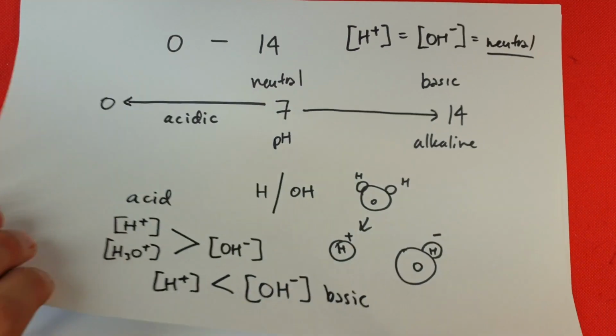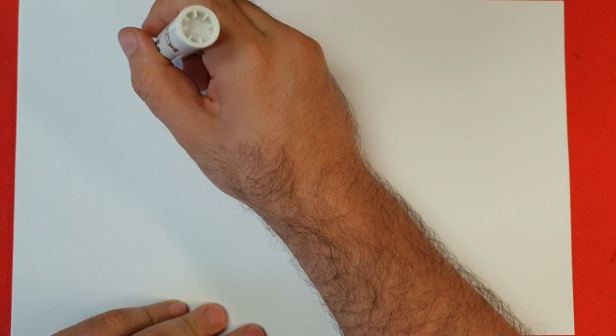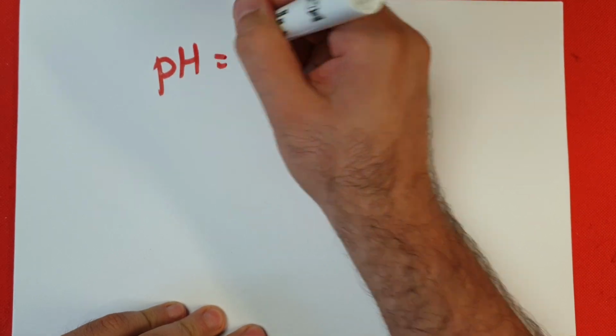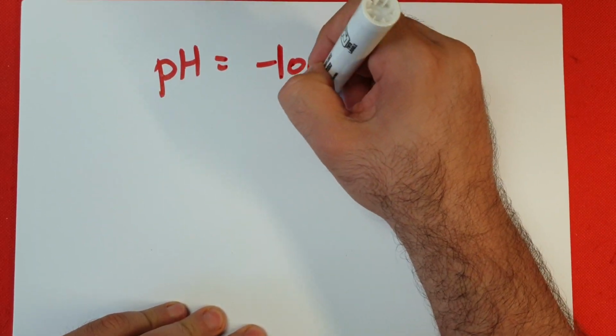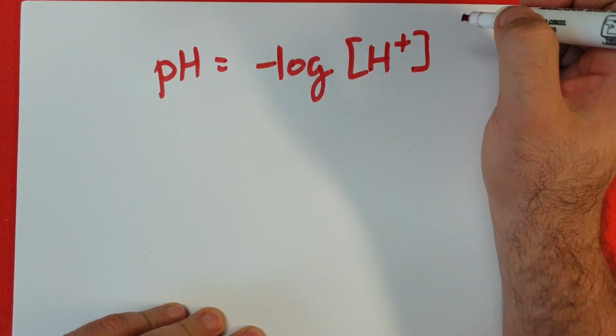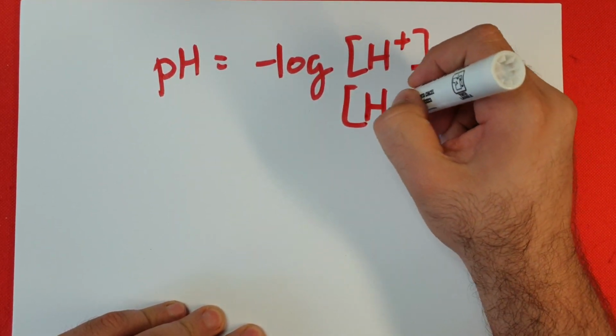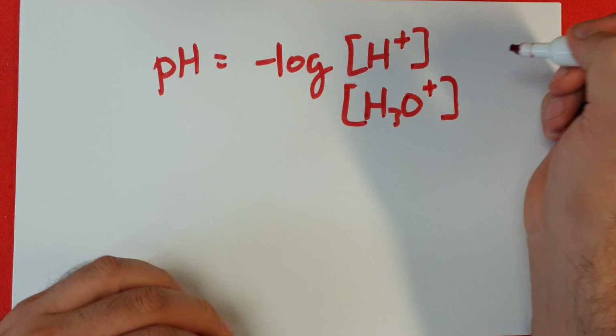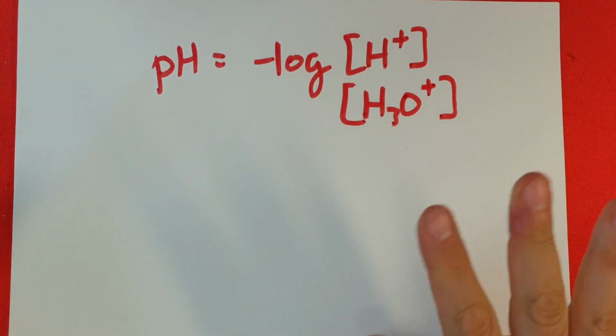So now, when we try to work this out with problems, our main formula is that pH is equal to the negative logarithm of the concentration of hydrogen in the solution, or hydronium. You may find it either way in textbooks, and maybe your teacher is teaching it a different way.